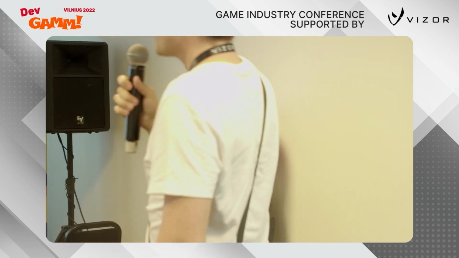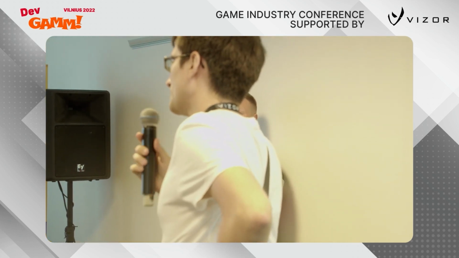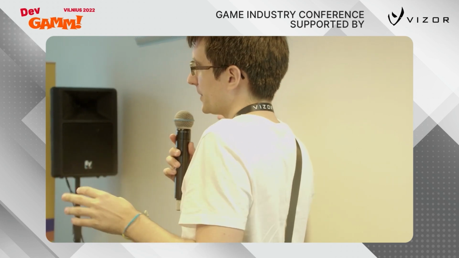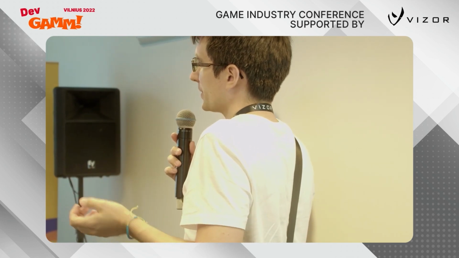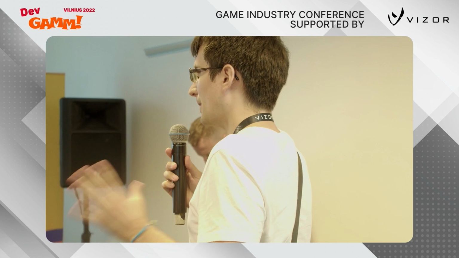Thanks for the talk. My question is, obviously we're tracking users, so every event is connected with a user, right? But probably we'll also want to track how our game updates impact our users.